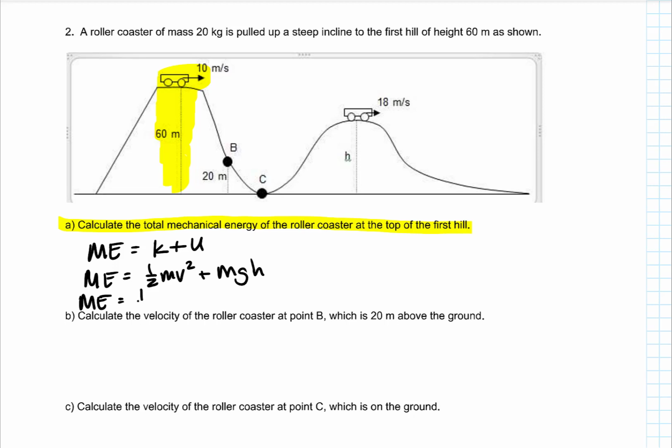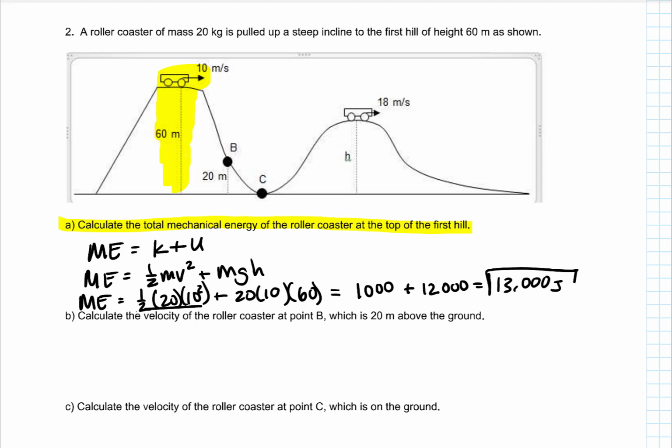So it's going to be 1/2 times 20 times 10 squared plus 20 times 10 times the height of 60. So my mechanical energy is going to be 1,000 plus 12,000 or 13,000 joules.